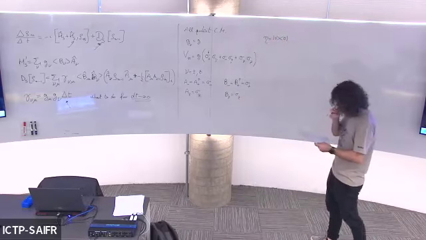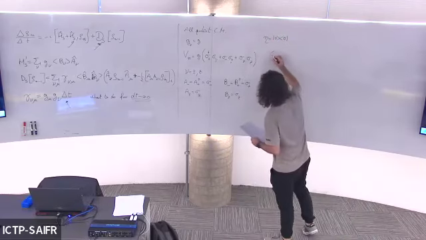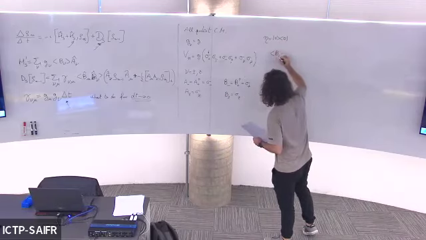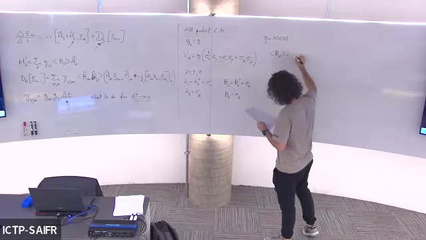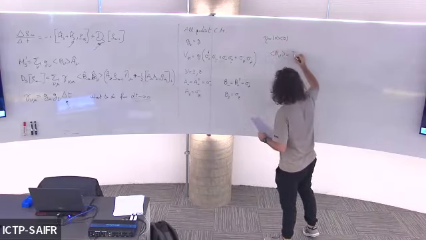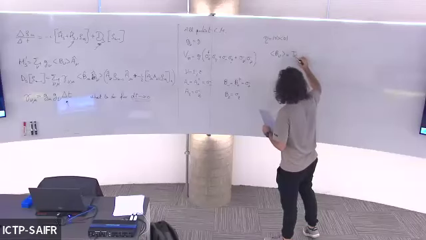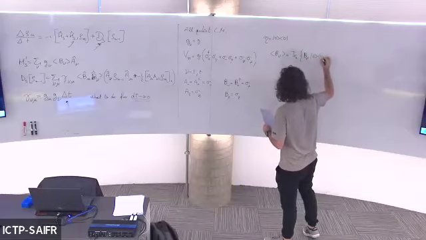So with this, let's again do a small exercise. Let's compute B_mu, the trace over n of B_mu times 0, 0.